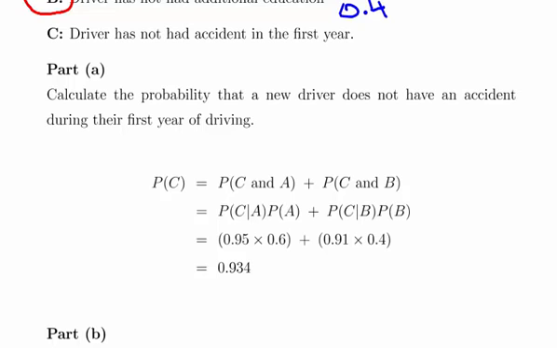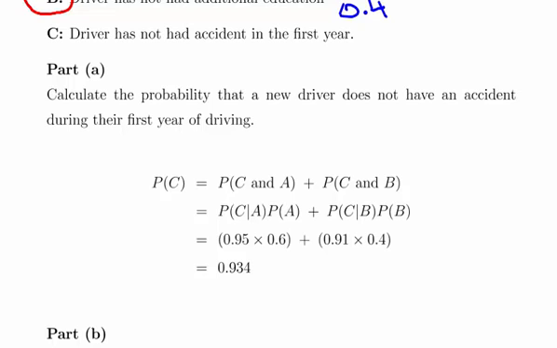And using the rules of conditional probability, we can express the probability of C and A using the conditional probability formula: the probability of C given A times the probability of A. So that would be 0.95 times 0.6.